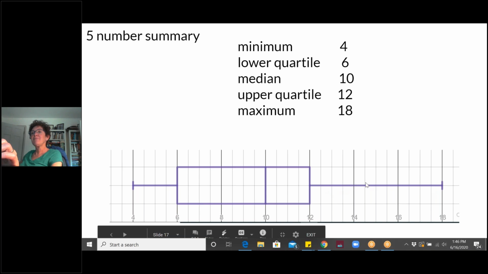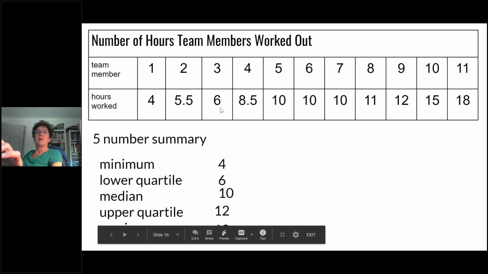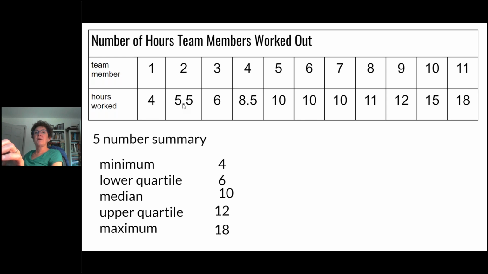Remember, that's the same number of players. So it's really spread out. Let's go back and look at that data. I want to see. This is going up by 1, 1.5, 1.5, 2.5, 1.5, same, 1, 2, and then 3 and 3. There's kind of a jump here.